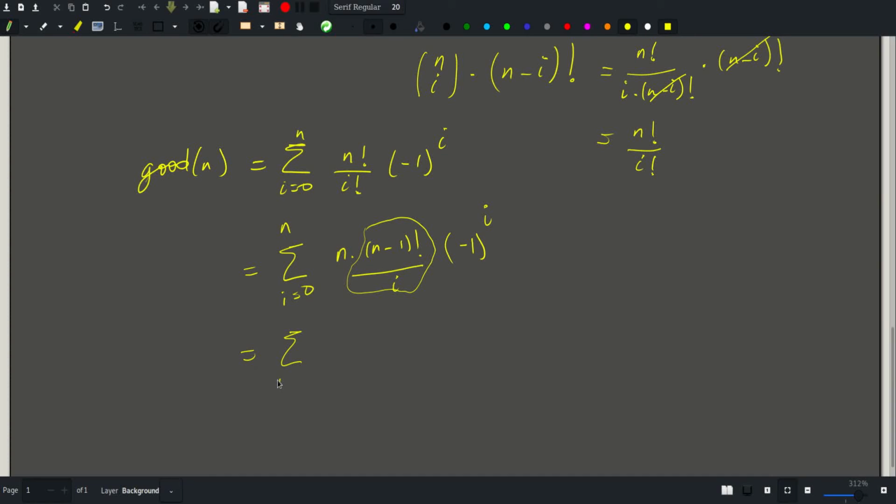So this becomes sigma from i equals 0 up to n minus 1 of n times n minus 1 factorial over i factorial times negative 1 raised to the i, plus, and then we will just evaluate this when i is equal to n. So if i is equal to n, we will get n times n minus 1 factorial divided by n factorial, times negative 1 raised to the n.